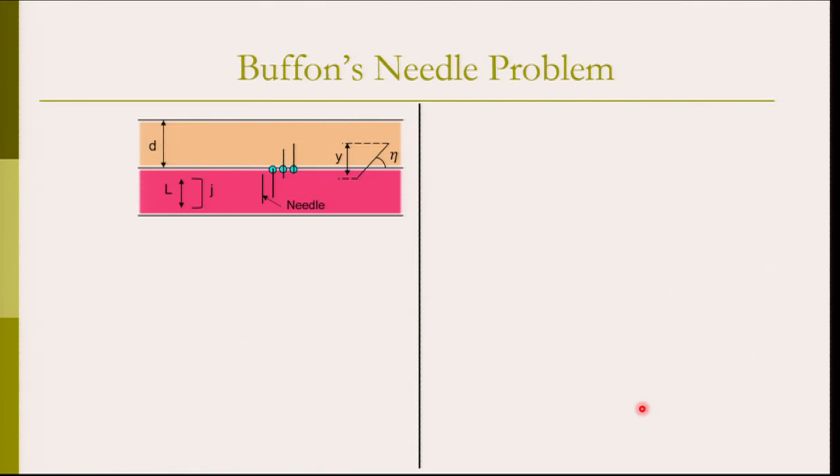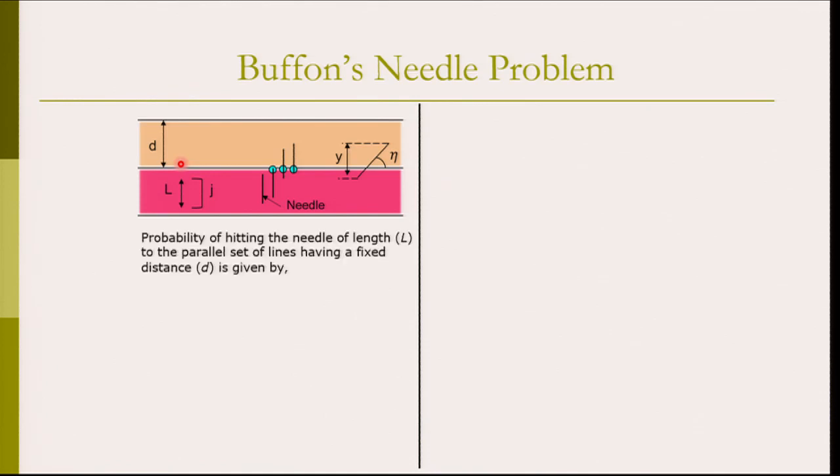So, let us say there are two parallel set of lines and we would like to hit a needle on one of these lines such that the length of the needle is smaller than the distance between these two parallel lines. So, let us calculate the probability of hitting an arbitrary needle on one of these lines.